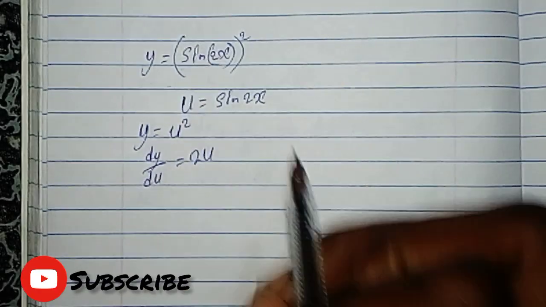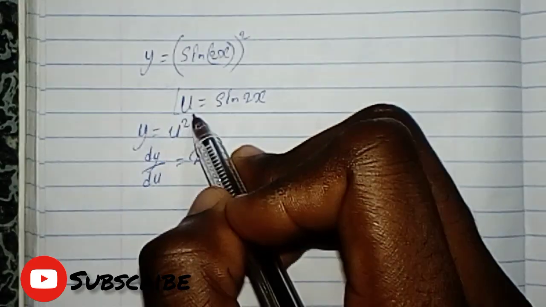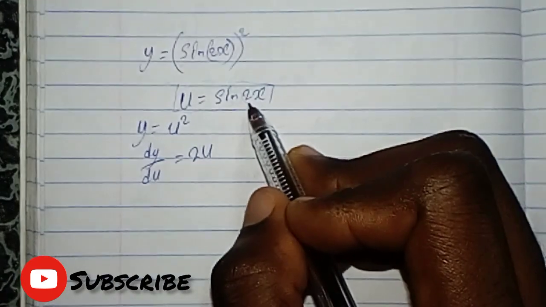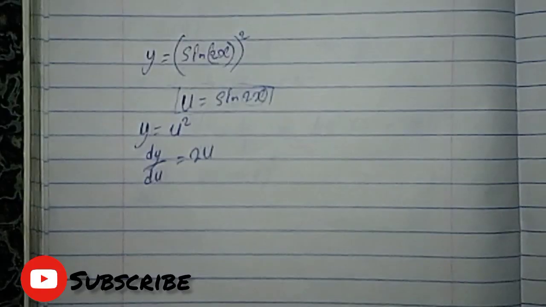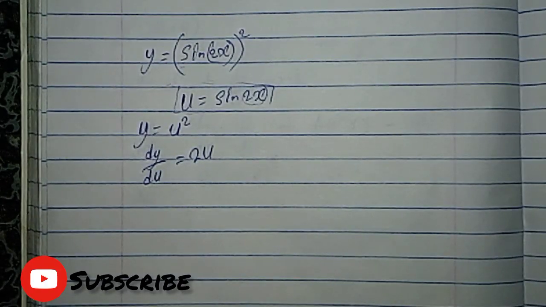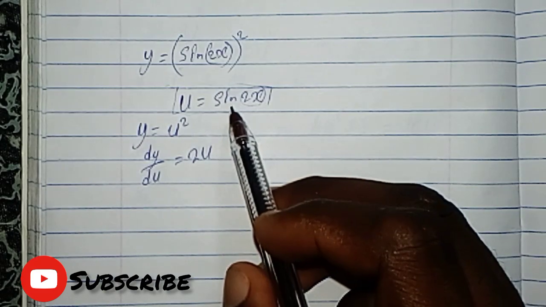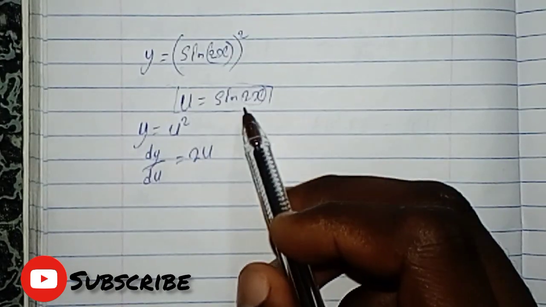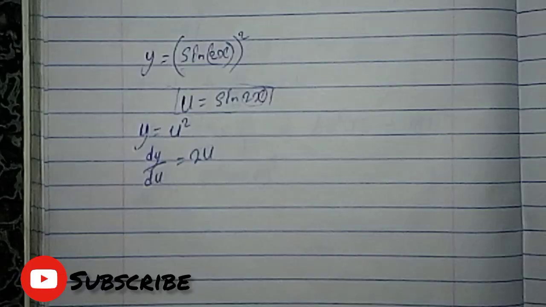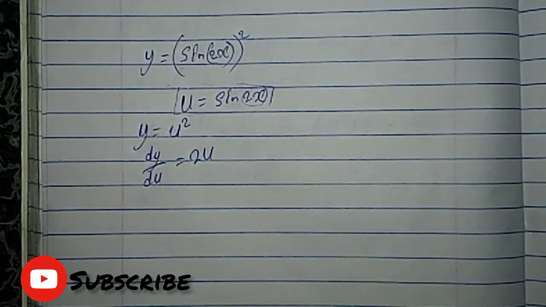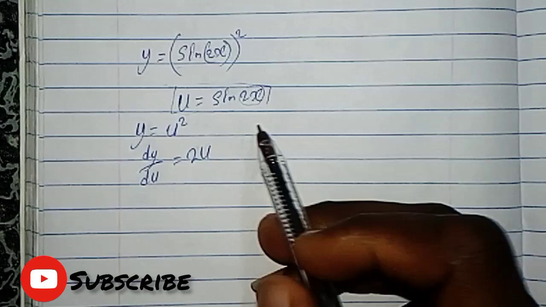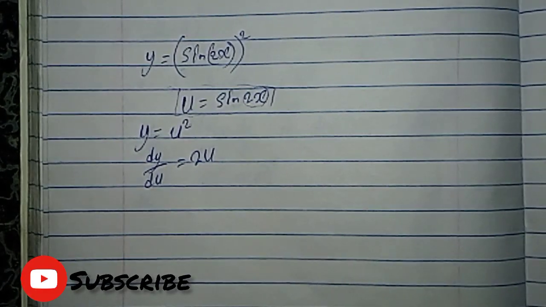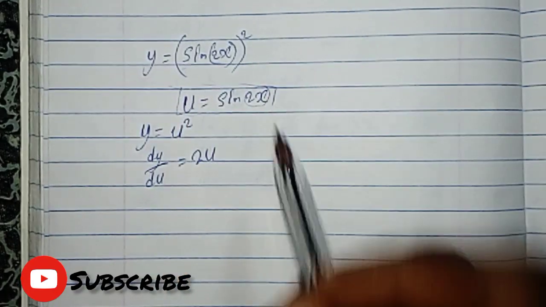Now from here, you should see that it is also not a single variable inside the sine. The sine does not have a single variable in it. It also has 2x. I wish it was x, we could differentiate directly, but this is 2x, meaning that we have to do another chain rule for this expression.